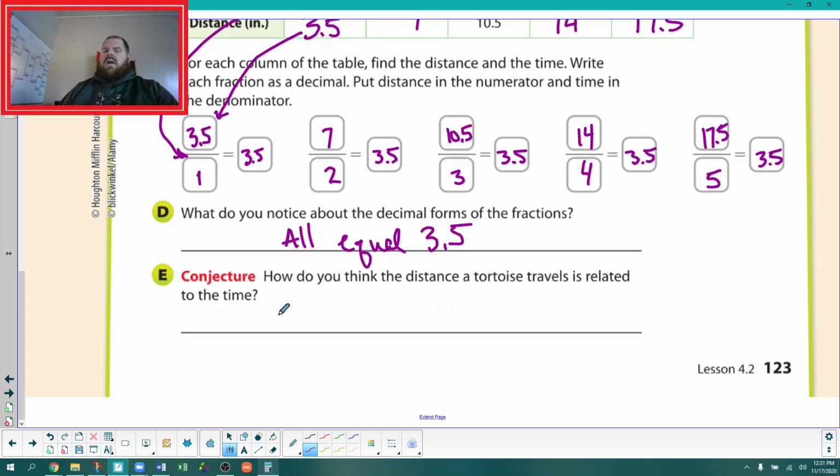Well, I would guess that it travels 3.5 inches every second. The pen's getting a little laggy here.